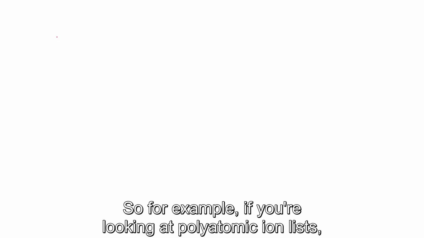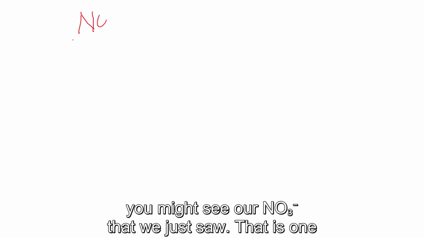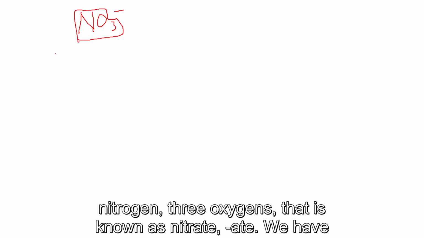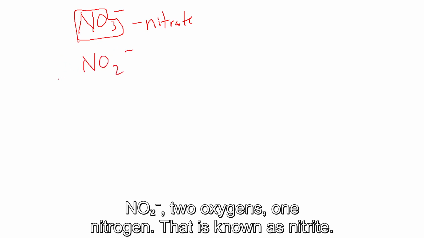So for example, if you're looking at a polyatomic ion list, you might see our NO3- that we just saw. That is 1 nitrogen, 3 oxygens. That is known as nitrate. We have NO2-, 2 oxygens, 1 nitrogen. That is known as nitrite.